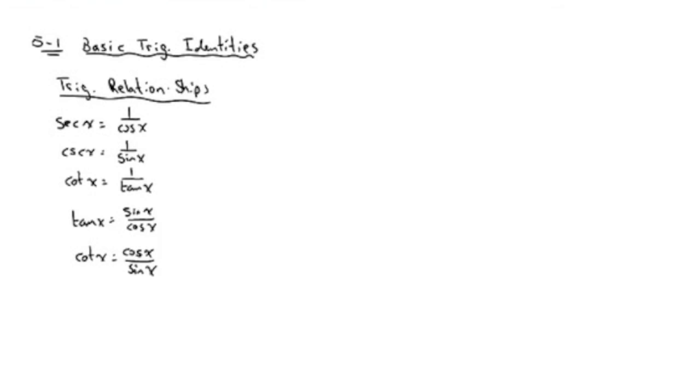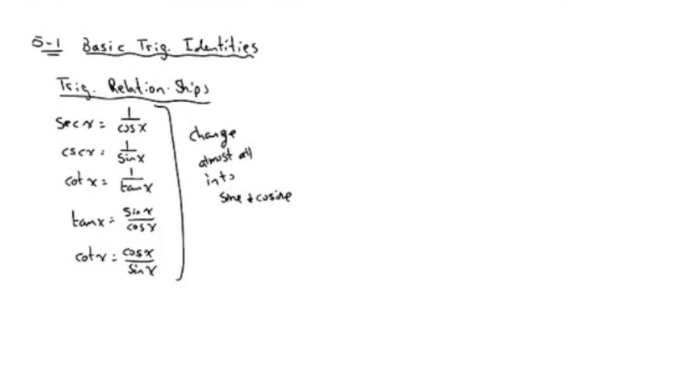Pretty much what all of these are saying is you can change almost all of them into sine and cosine. So that's going to be our trick. When in doubt, change everything into a sine or a cosine.